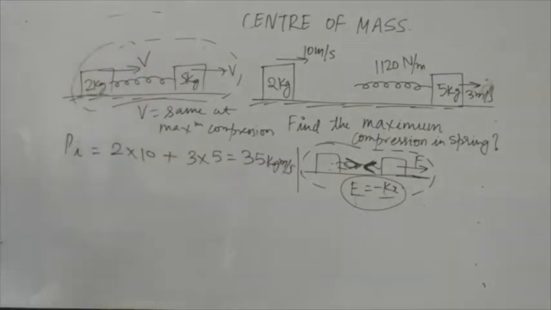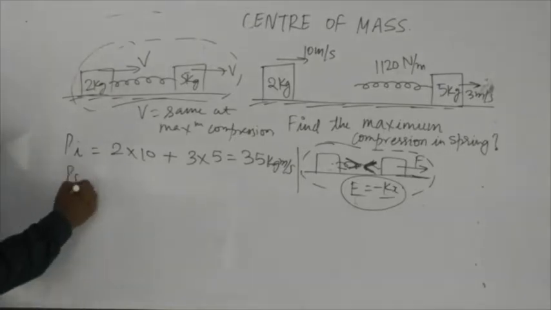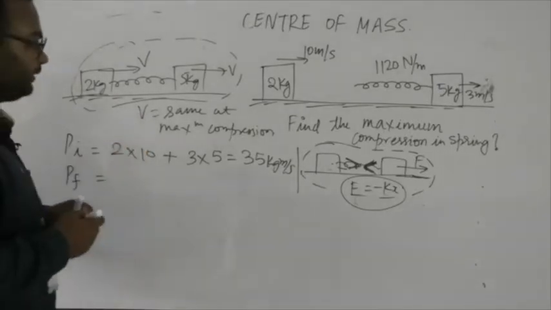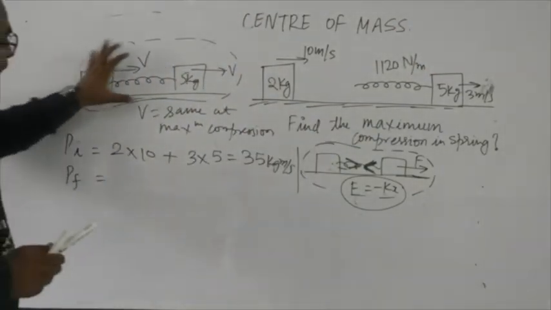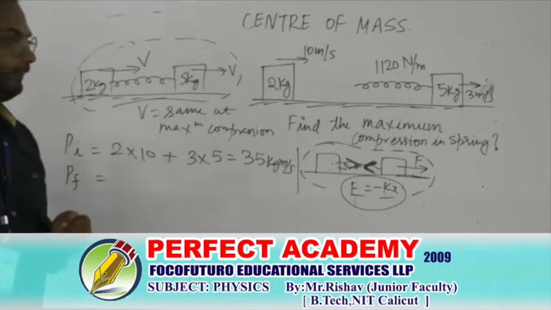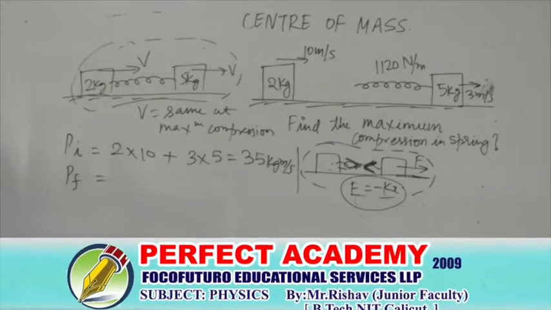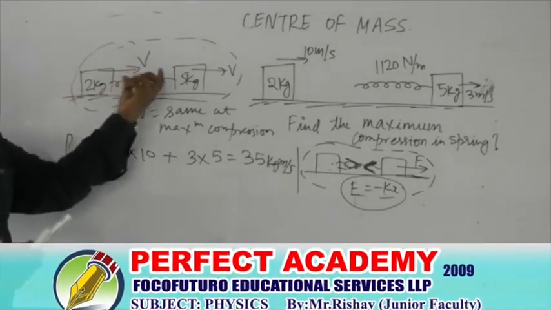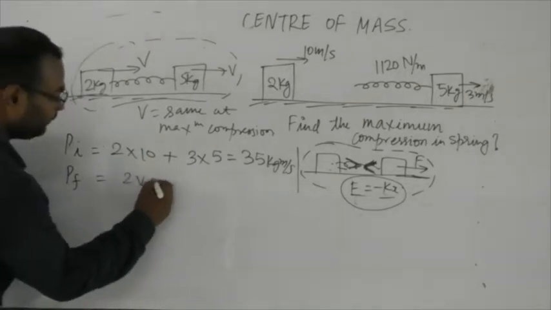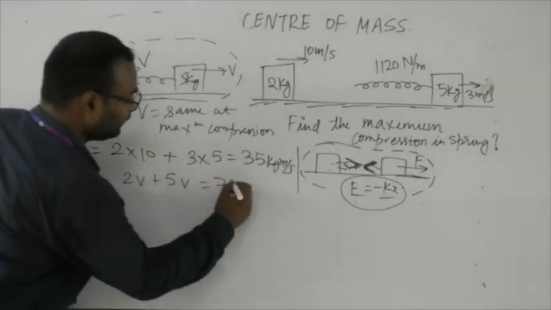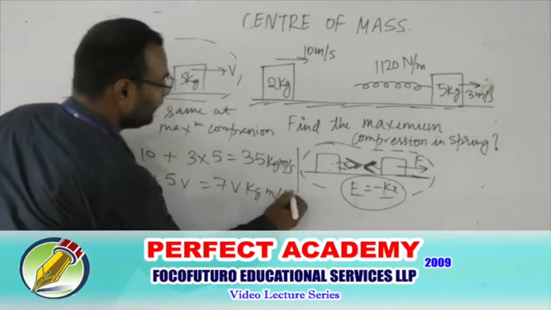Now the final momentum at the maximum compression: they will be going with the same velocity. The 2 kg also has the same V and the 5 kg also has the same V. That means 2V plus 5V, which is 7V kg meter per second.